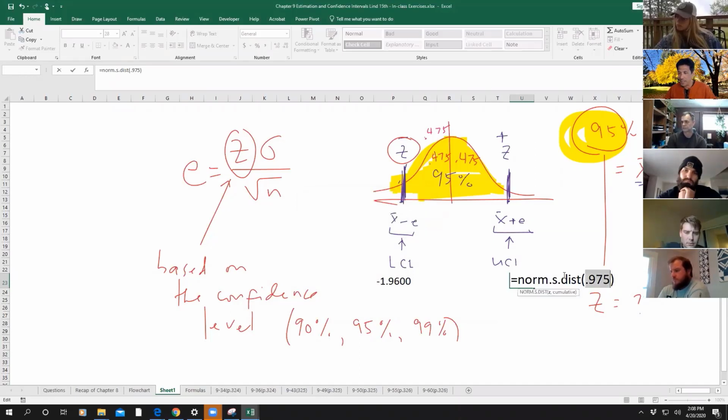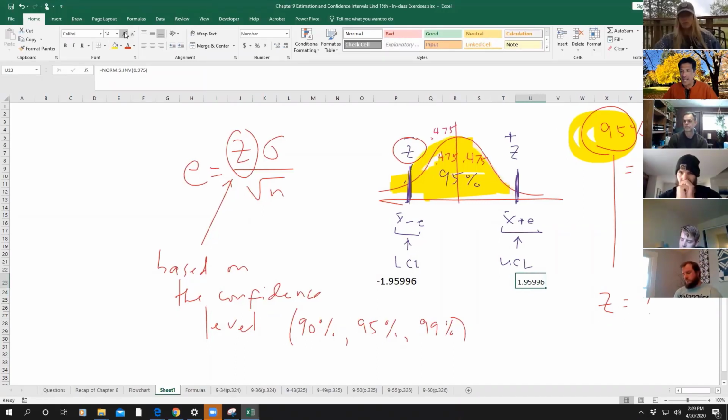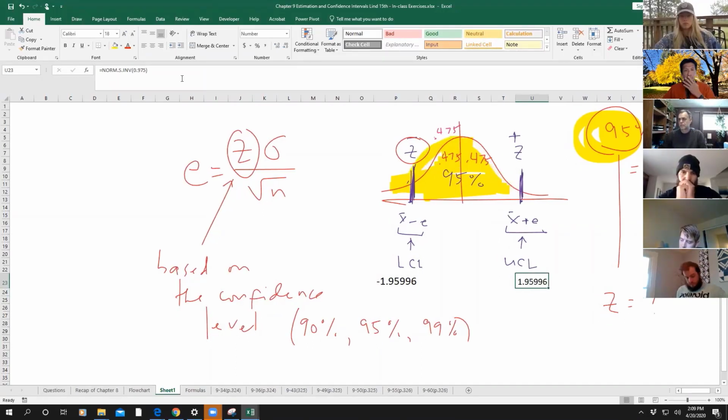Too few arguments, because I used the wrong function. And there you go. So this is the more precise z-score, okay? Are we good so far in terms of converting a confidence level into a z-score?